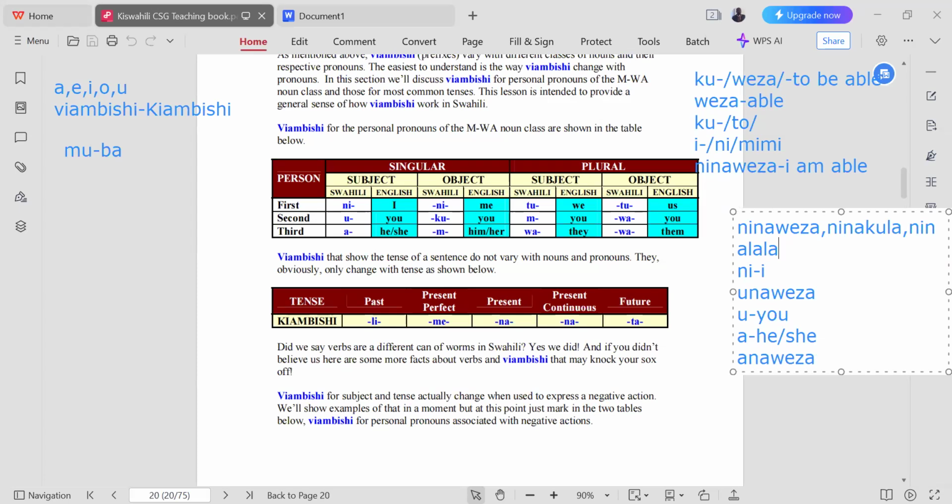Sleep is lala. So this is the verb lala. So we'll have ninaweza, ninakula, ninalala. If you go to the second person pronoun following this example, you say unaweza, unalala, unakula.